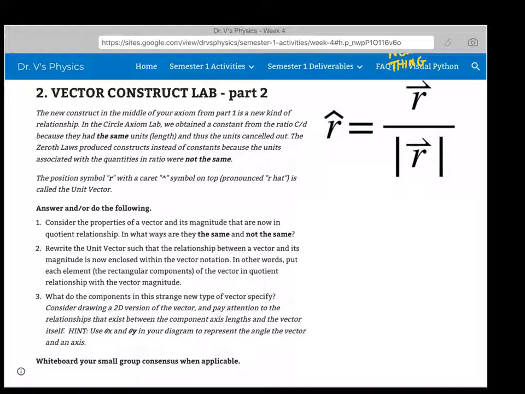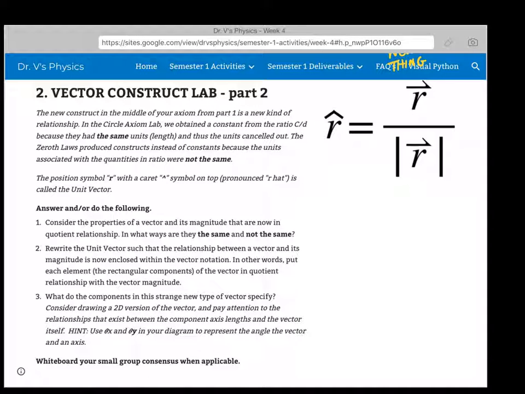And if you think about it, let's just take a look at this here. So, what do the components in this strange new thing specify? So that's the length of R, and that's Rx.